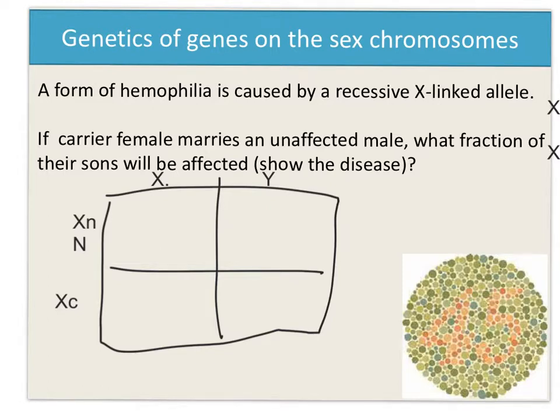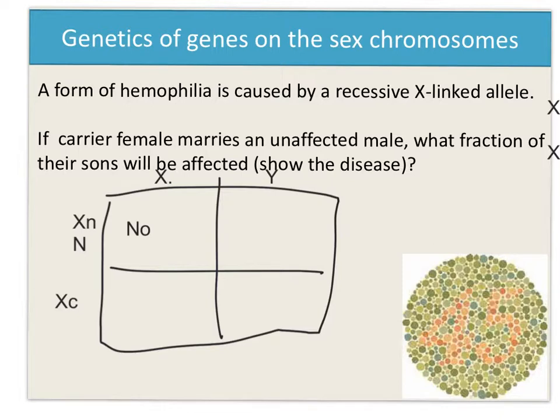So this X up here is, of course, colorblind. So we have an N, NC, oh. Okay. Oh God, what a mess.